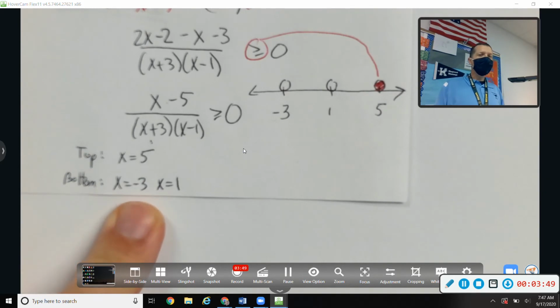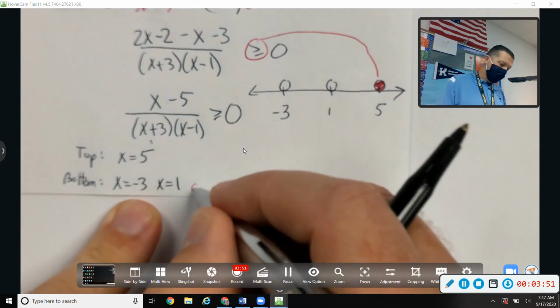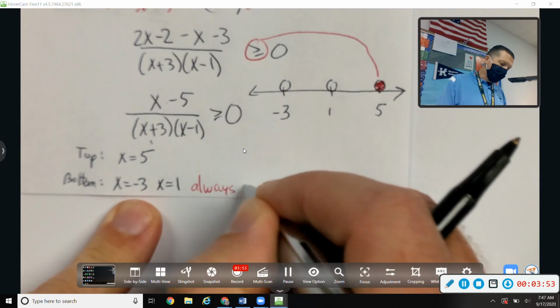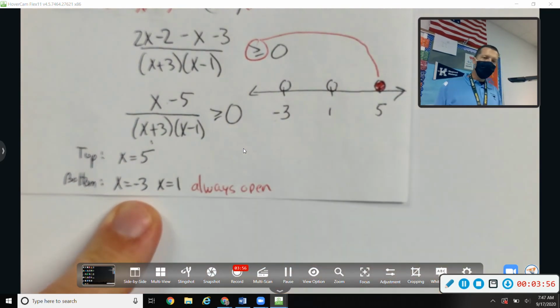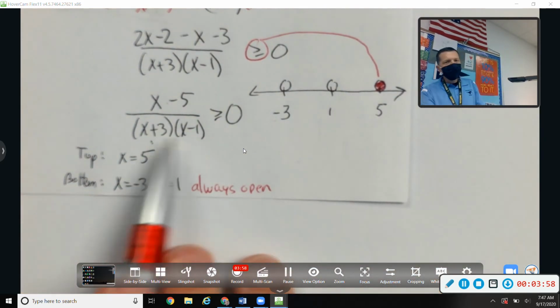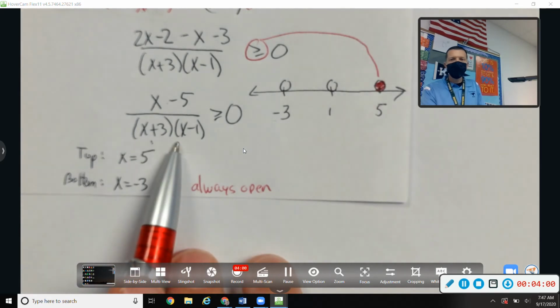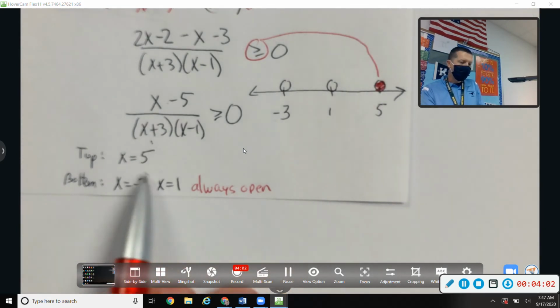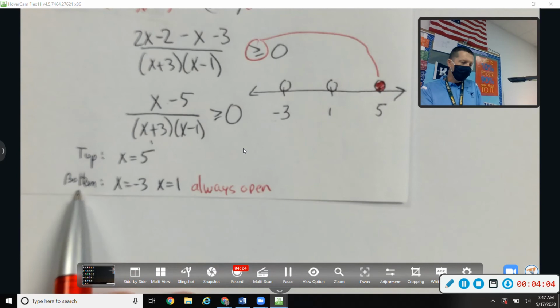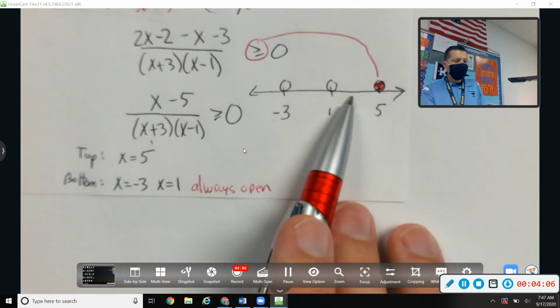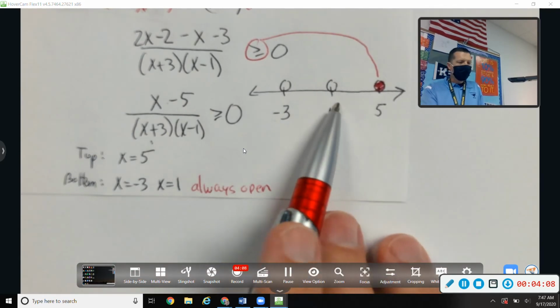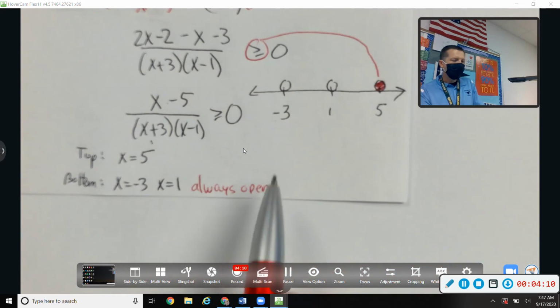Okay, this is what we did yesterday. Those are always open. If it comes from the denominator, they have to be open, because x can't be 1 or negative 3, because then you're dividing by 0, and that doesn't work. So anything from the denominator has to be open. So the top ones work like you think they work. Nobody misses the top ones. The bottom ones, sometimes we forget that they're just always open.